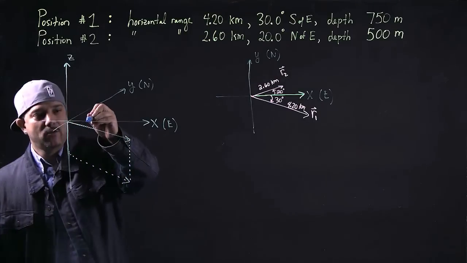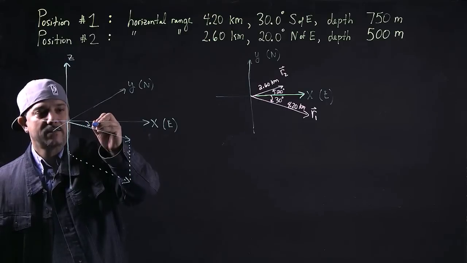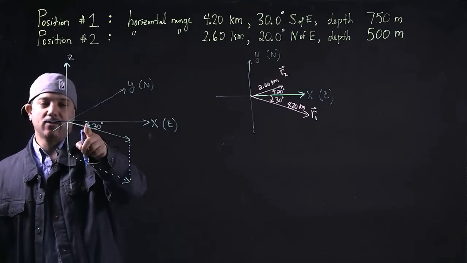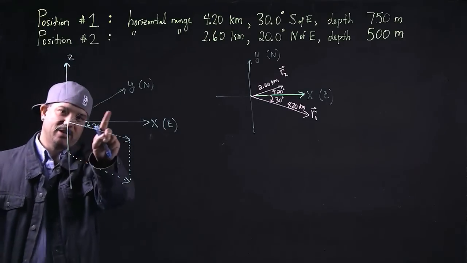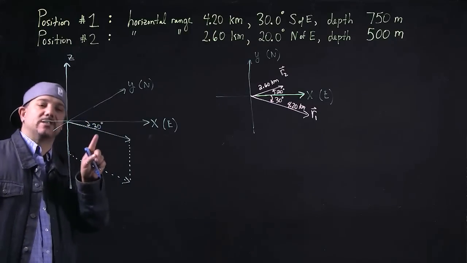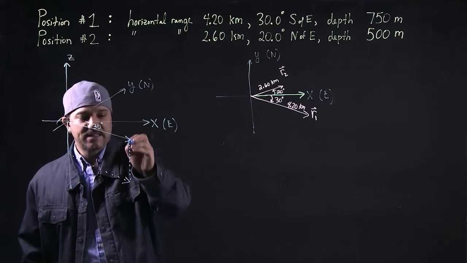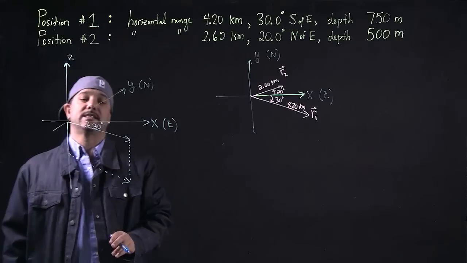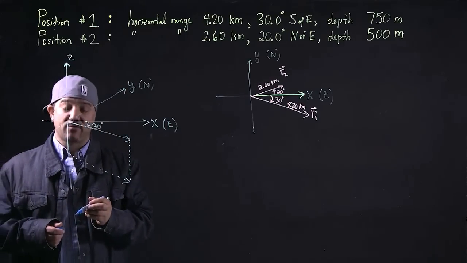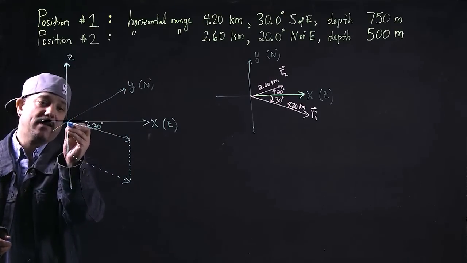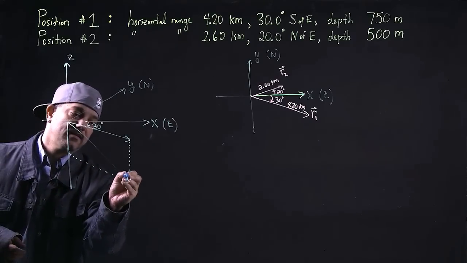This angle right here is 30 degrees. And this angle is now not down, it's actually coming towards me. And then this is the depth below sea level. And so in 3D, the position of that whale at time 1 is this vector.